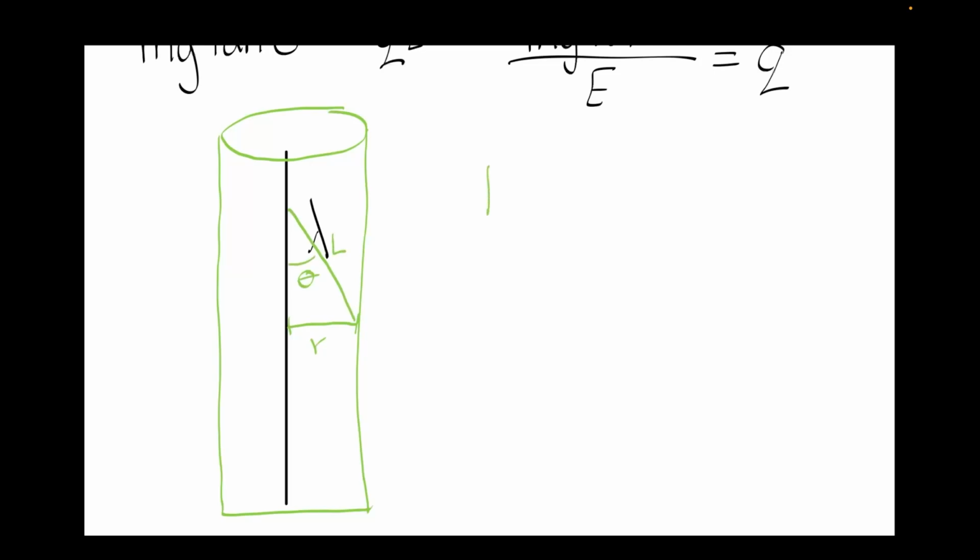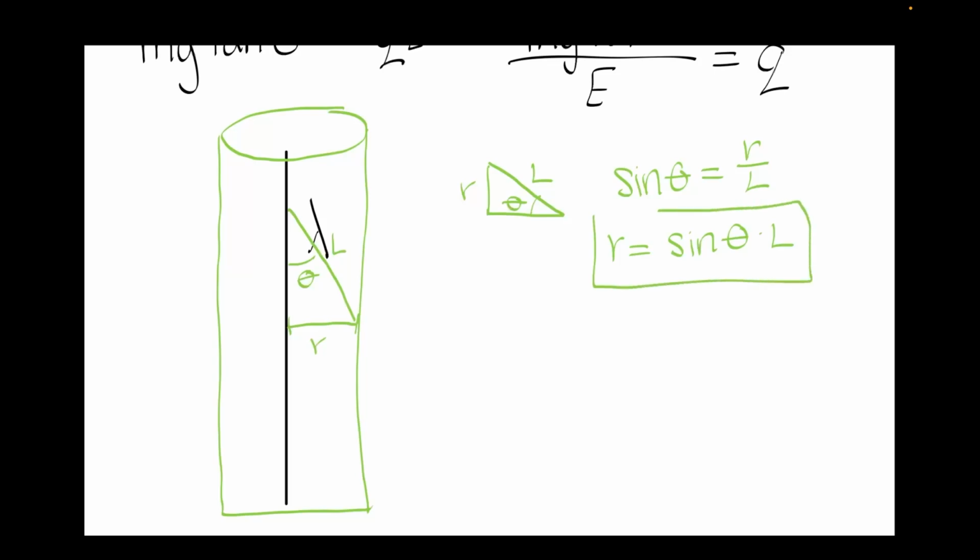So I'm going to draw it nice and clean over here for us so we can see it. L, R, theta. So we can say the sine of theta equals R over L, where R equals the sine of theta times L. So I'm just going to put a block around this because we are going to need that later.